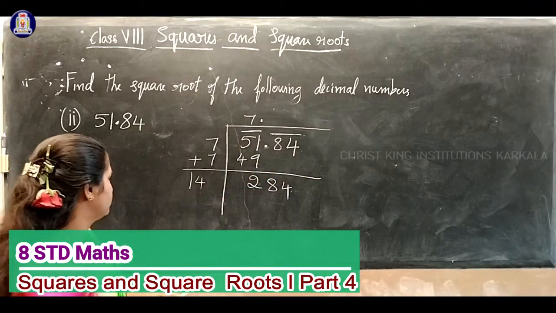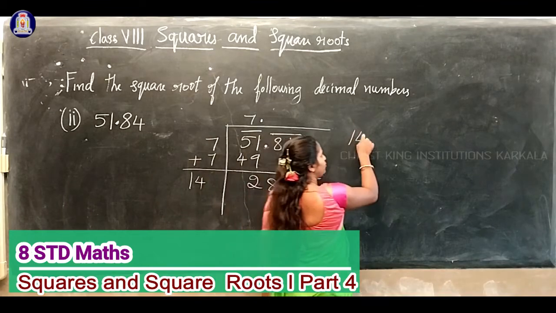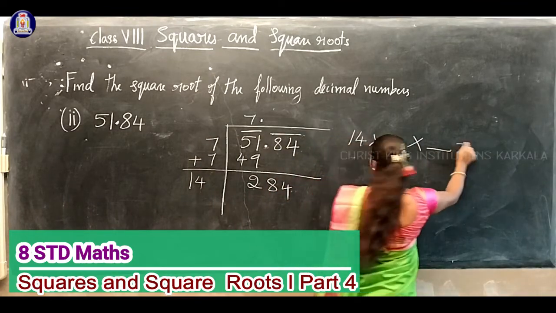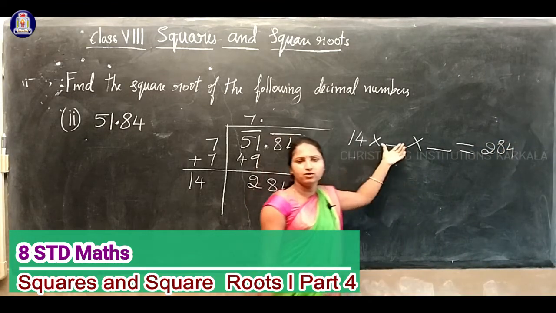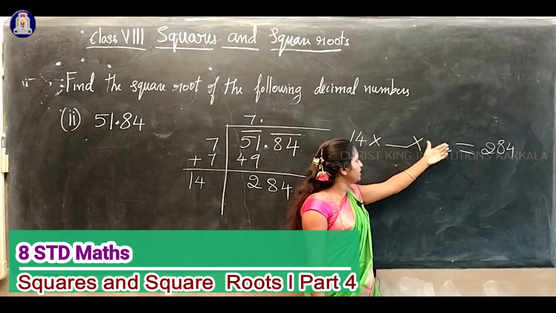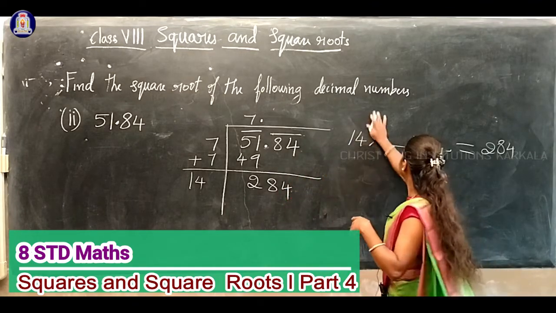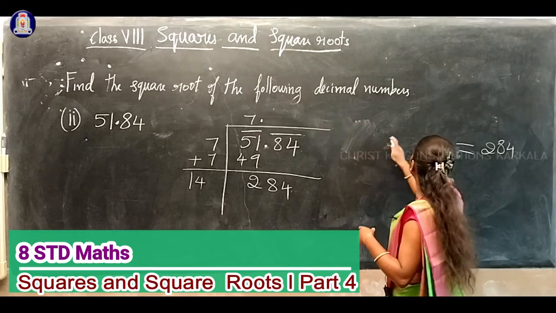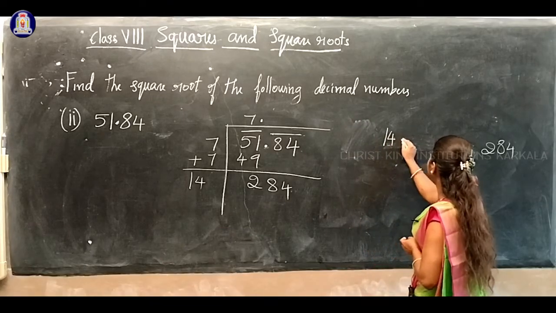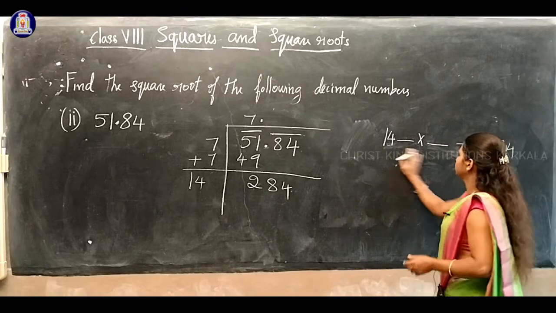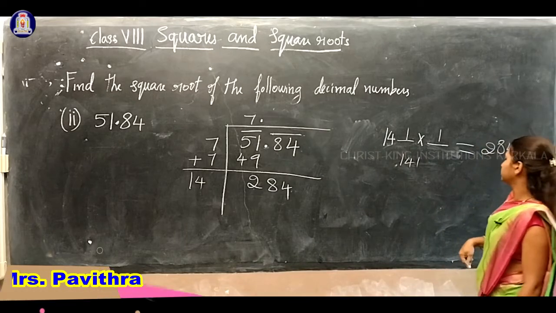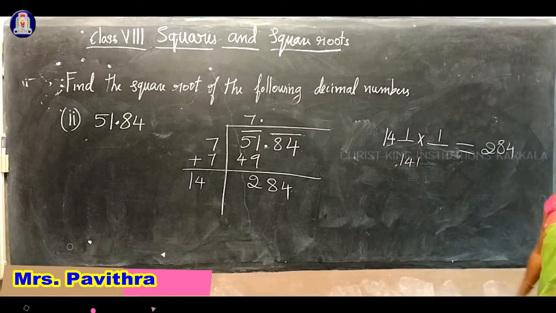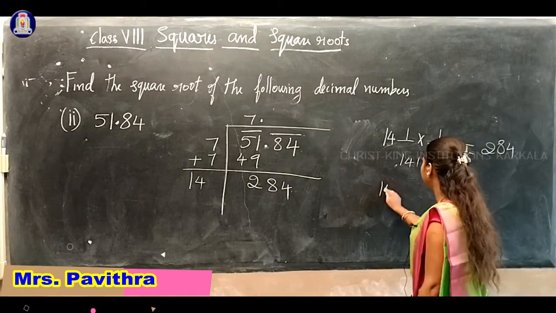14 dash into dash, the answer must get 284. So if you write 1, what happens? 14 into 1 into 1, if you write 1 1, you will get 141. 141 is near to 284, but still you have to check the next number also, whether it may be equal or not.